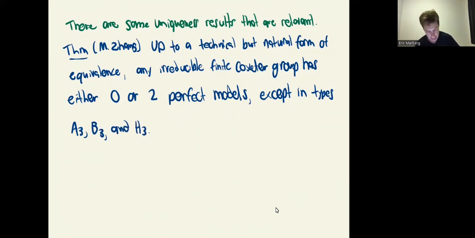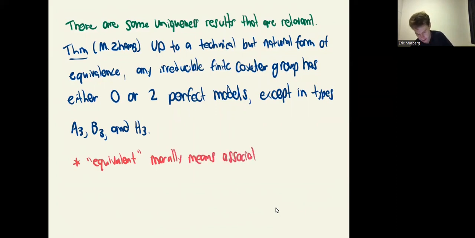So there are 2 caveats I should write here. Equivalent here morally means that the associated W-graphs are essentially isomorphic.